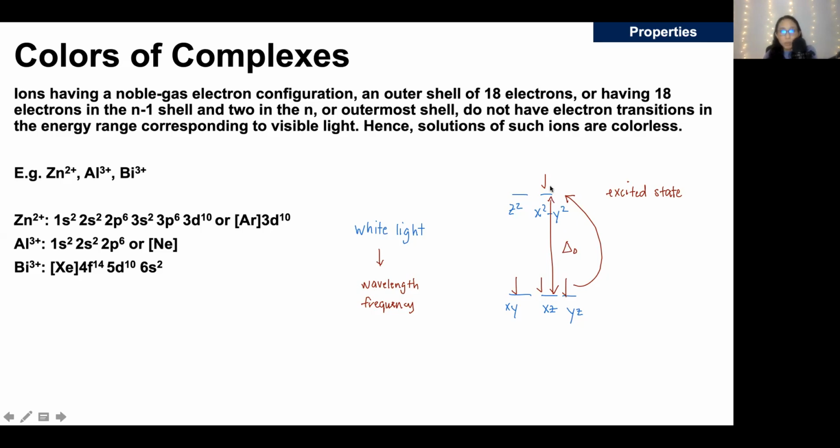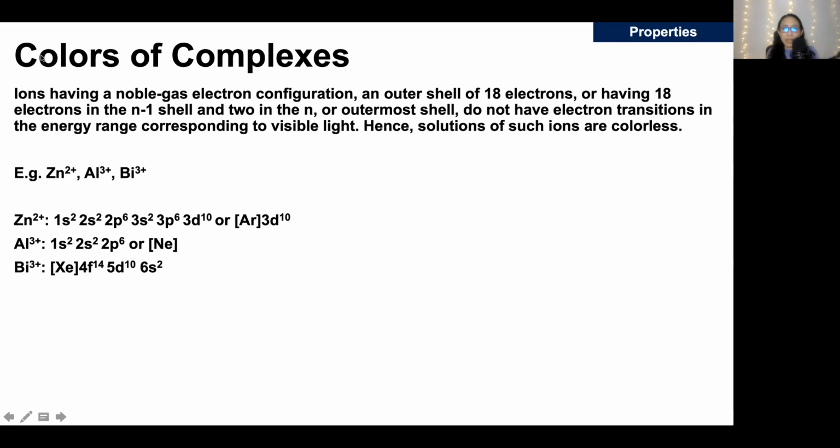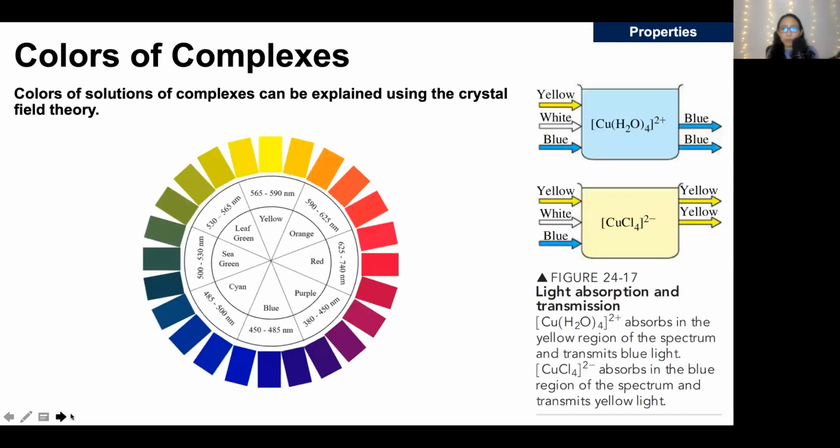If it gets to do that, then it removes that particular portion of your white light. Okay? So your white light, class, is composed of these colors. Each color is associated with a specific wavelength.